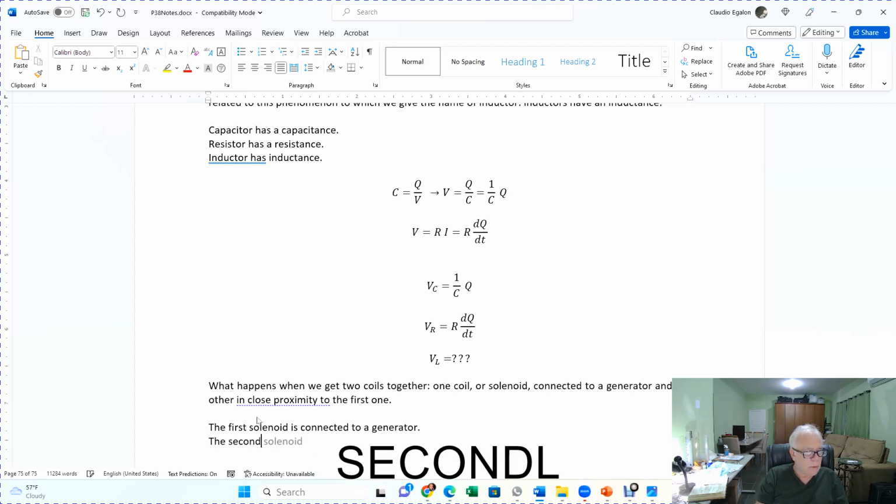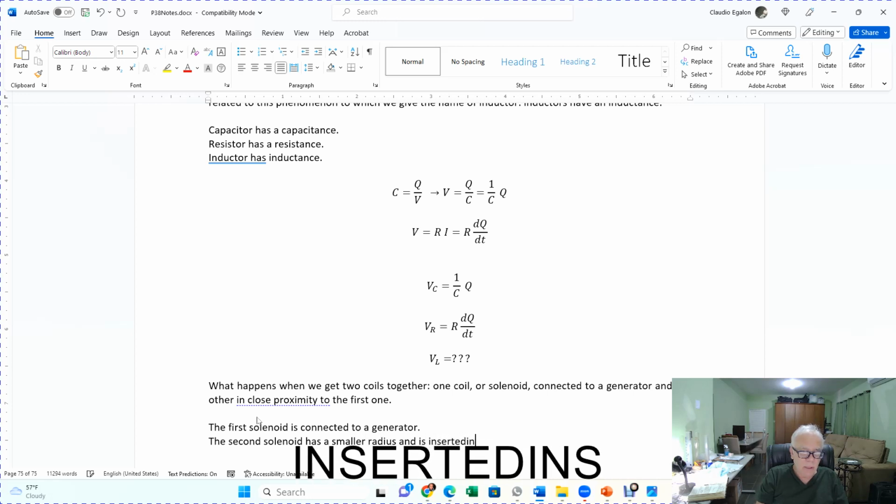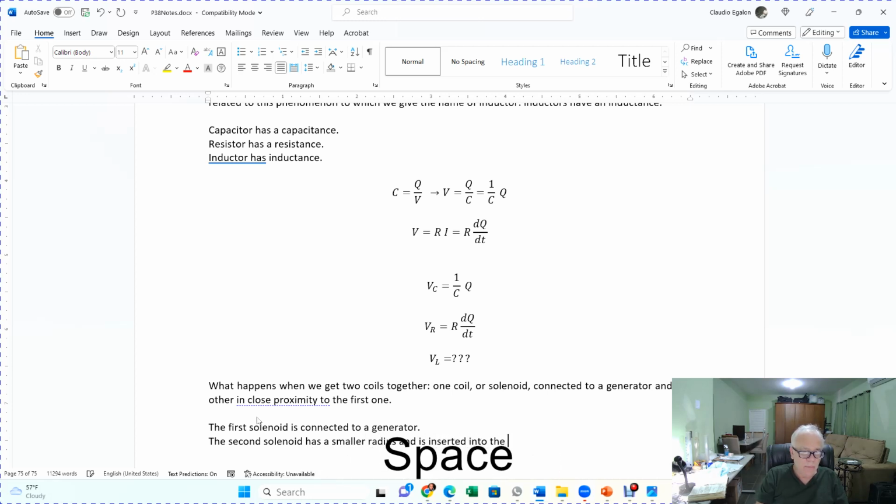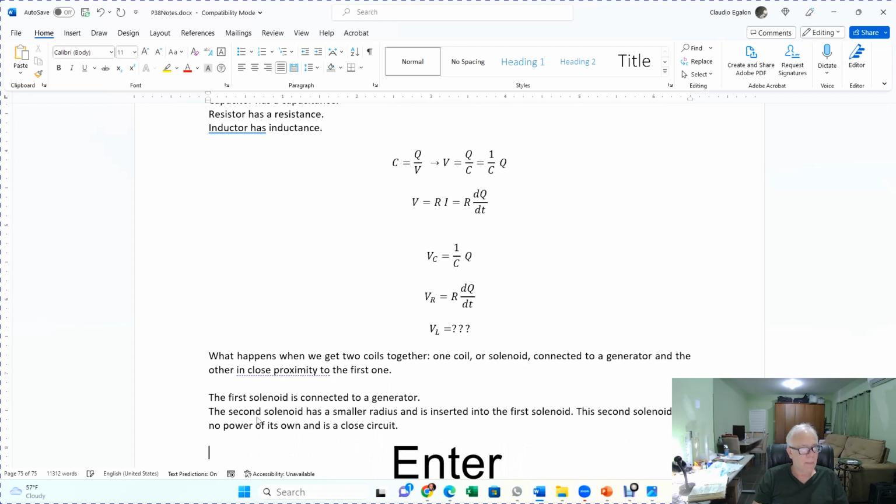The second solenoid has a smaller radius and is inserted into the first solenoid, just like the figure indicates. Oh, by the way, this second solenoid has no power of its own and is a closed circuit. Okay?